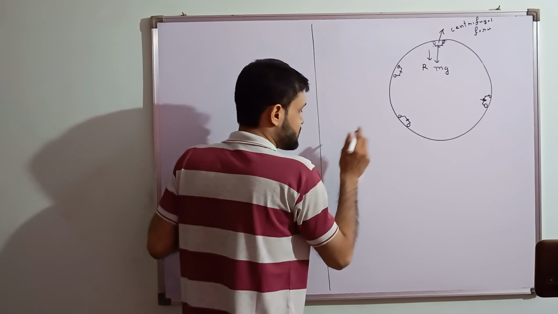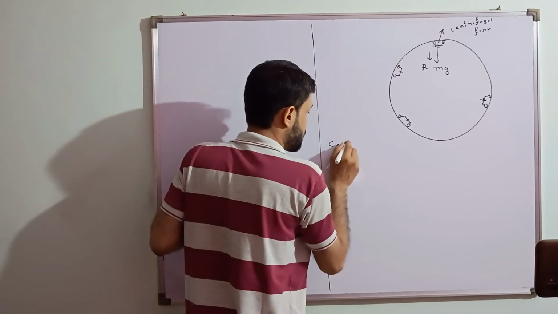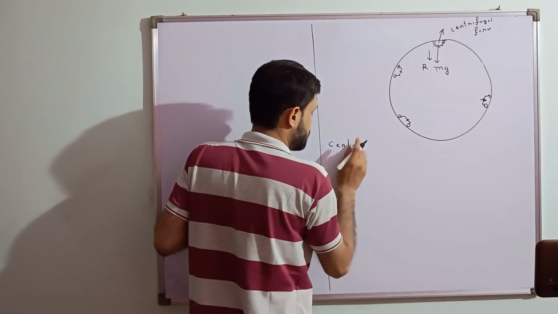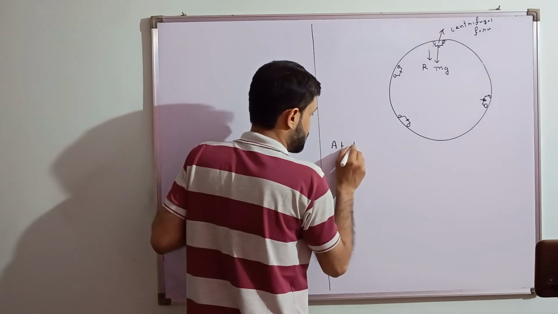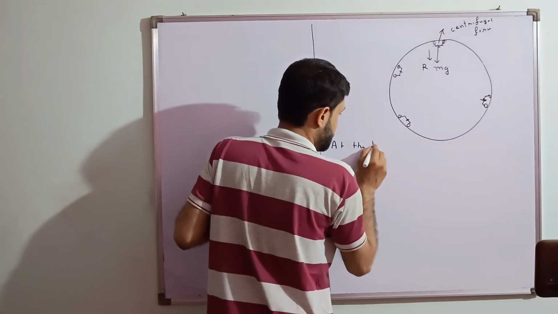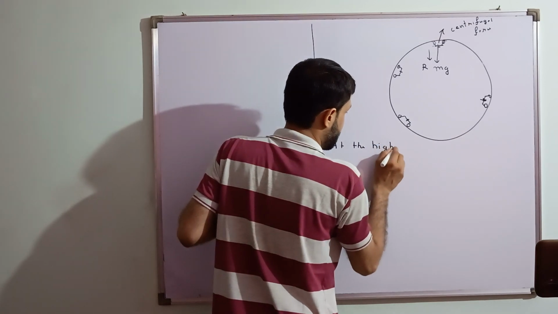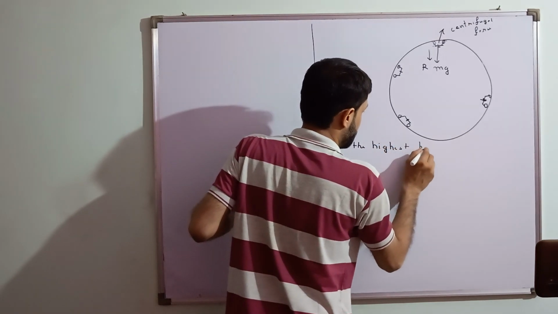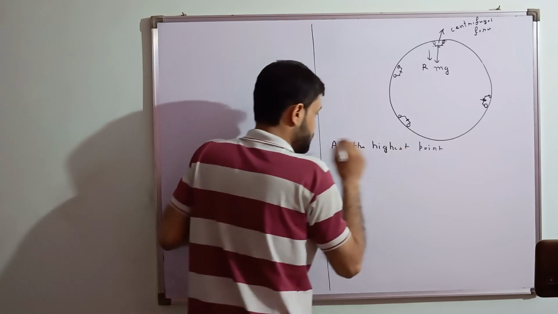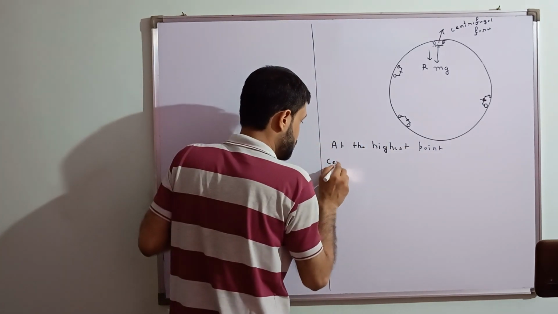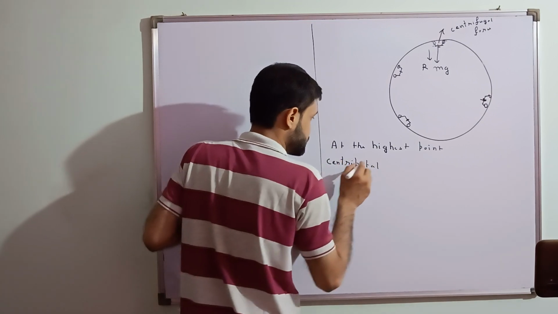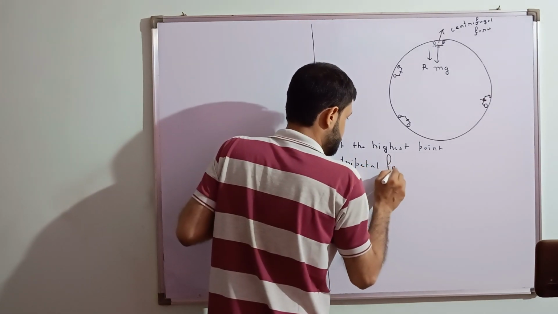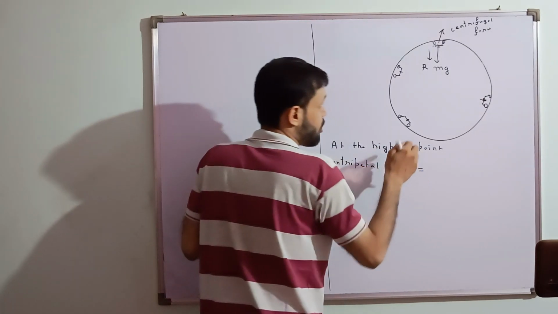So if I write the centripetal force at the highest point, I write like this. At the highest point, what is happening? You can see the centripetal force. The centripetal force is equal to how much?